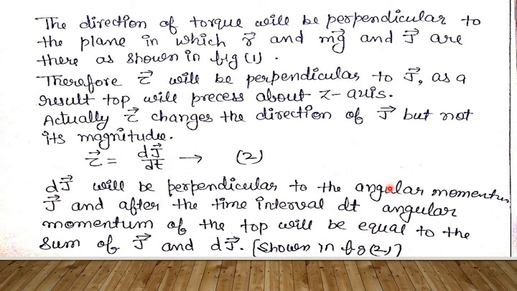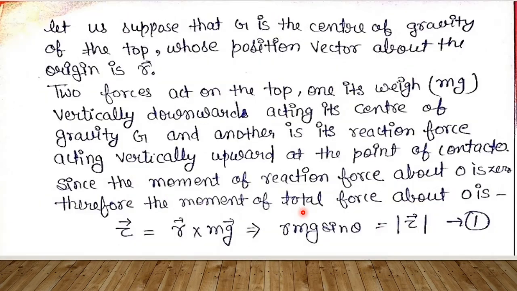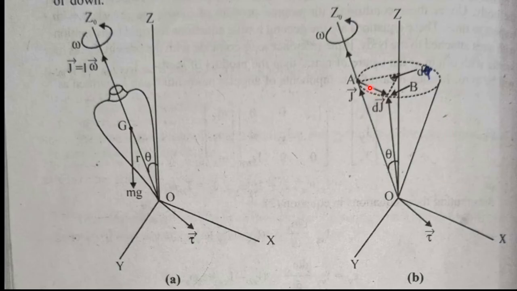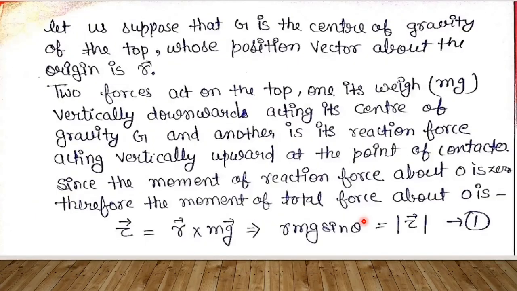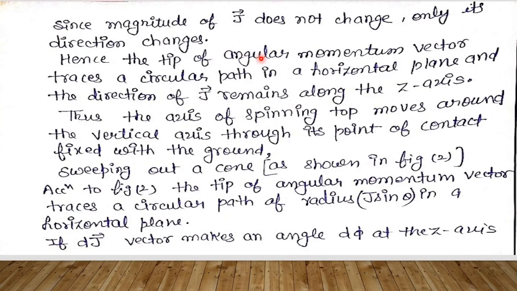dJ will be perpendicular to the angular momentum J, and after the time interval dt, the angular momentum of the top will be equal to the sum of J and dJ as shown in figure 2. This is dJ, this is J, and this is rotating in the frame. Since the magnitude of J does not change, only its direction changes, hence the tip of the angular momentum vector traces a circular path in a horizontal plane, and the direction of J remains along the z axis.